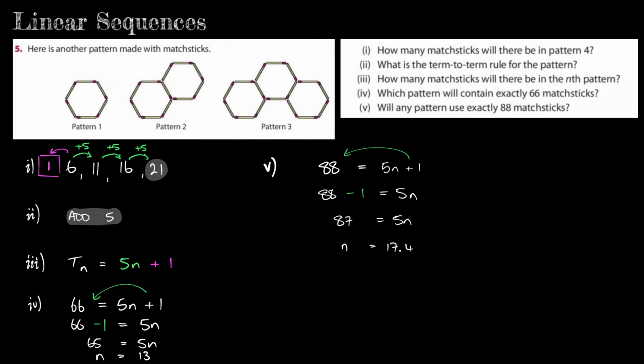If I wanted to use 88 matches, I could make 17 patterns, and 17 and a bit patterns. I wouldn't quite make 18 because I'm short of matches. I wouldn't have enough matches to make the 18th pattern, but I would be able to make the 17th pattern, but I would not be able to make the 18th. So the answer for that is, will any pattern use exactly 88 matches? The answer is no.